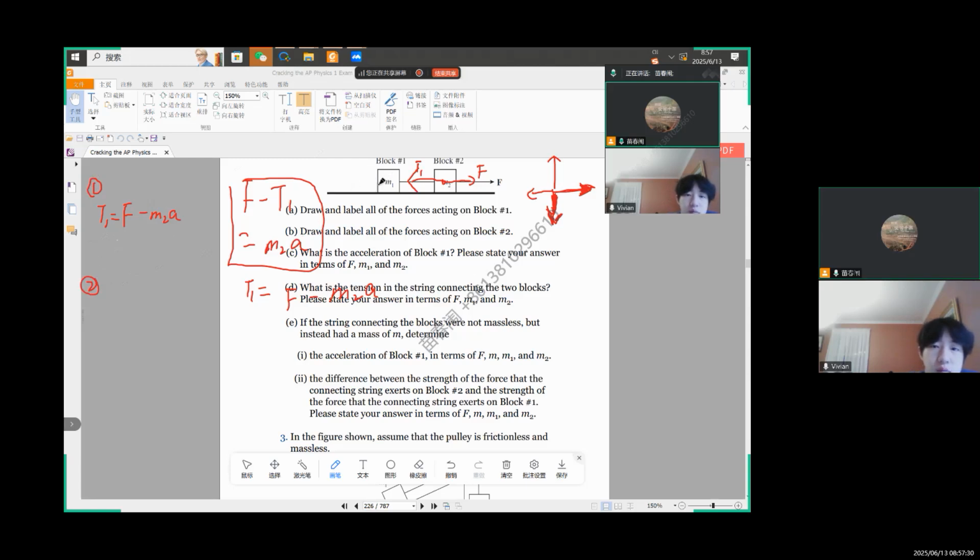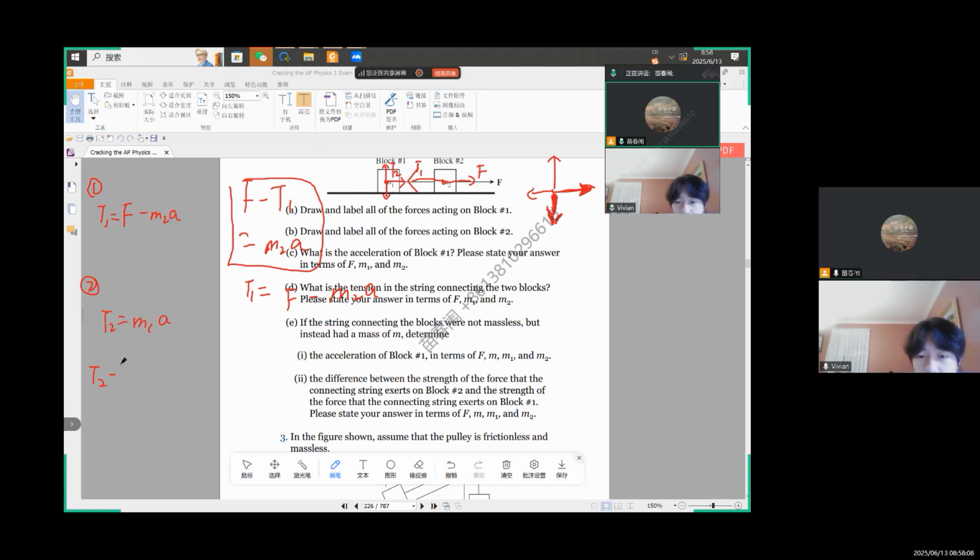I'm thinking about block 1, so it has a tension here, T2, right? T2 is probably the only horizontal force for it, and the vertical is also balanced. So T2 equals M1 a. And he's asking for T2 minus T1, or T1 minus T2. Which one is higher though?